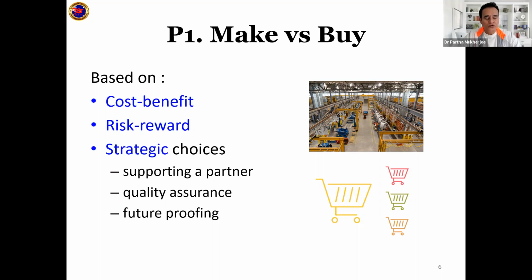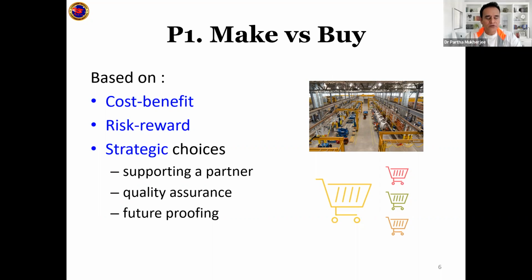Similarly, you might choose to make or buy based on the quality that is assured. If you think this supplier, which is an original equipment manufacturer of the Toyota engine in India, can provide and assure the quality, you have no issues buying from them. But if you have a question mark, in that case, because of the quality assurance, you will not buy, but you will make those engines in Toyota in-house and then fit them into your cars.